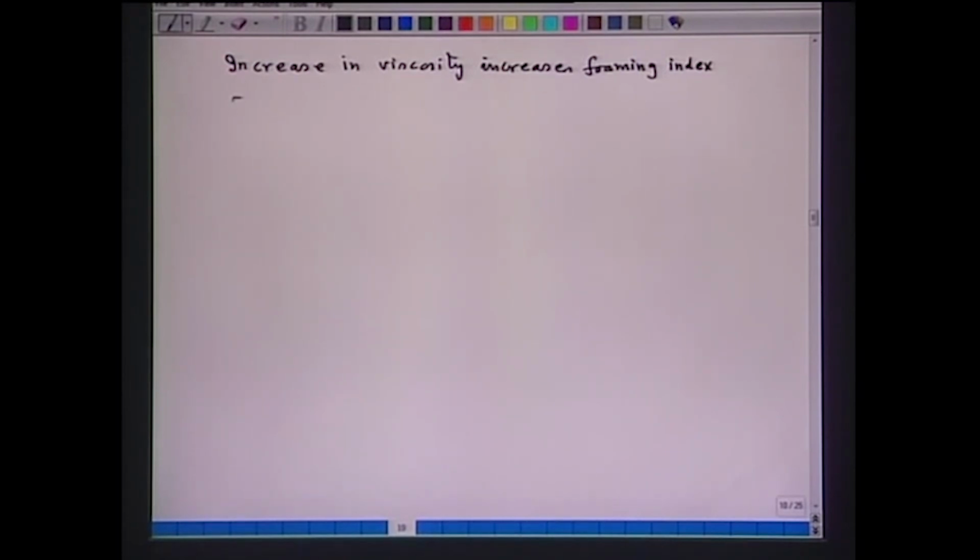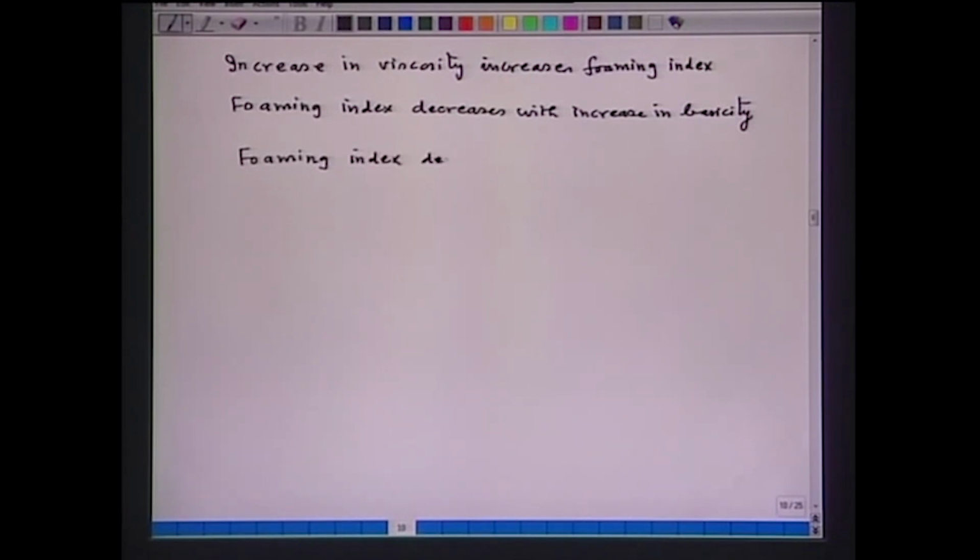Then foaming index decreases with increase in basicity of slag. Foaming index decreases with CaF2 addition, calcium fluoride, because it decreases the viscosity of the slag.